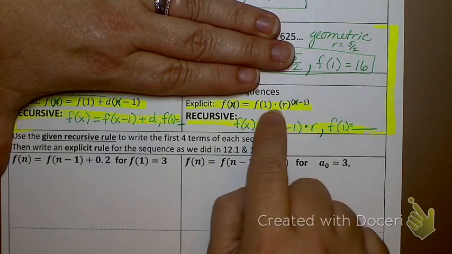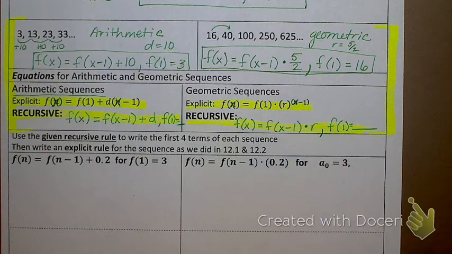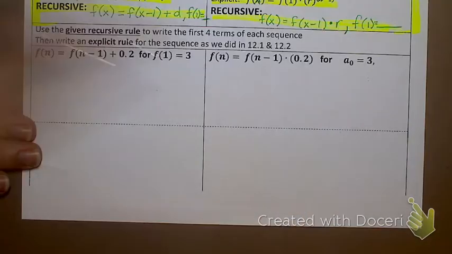The geometric ones both have r, because only a geometric one has a common ratio. So when I have a list of formulas that I'm giving you, you should be able to look at them and label them right off the bat: oh, these two are geometric because they involve r, and these two are arithmetic because they involve d. All right? Okay, let's keep going.